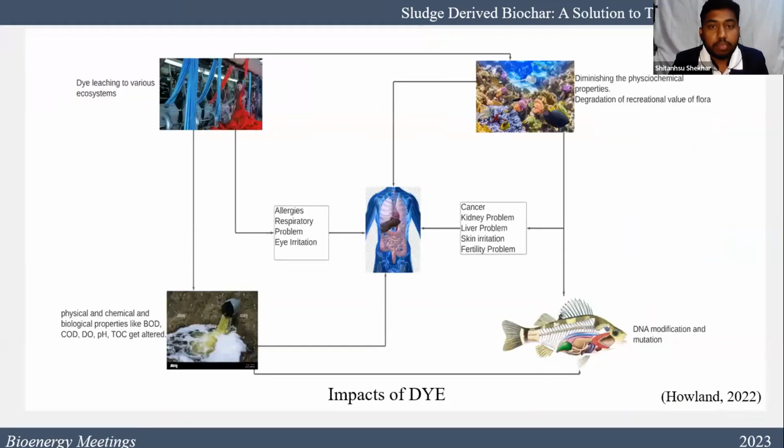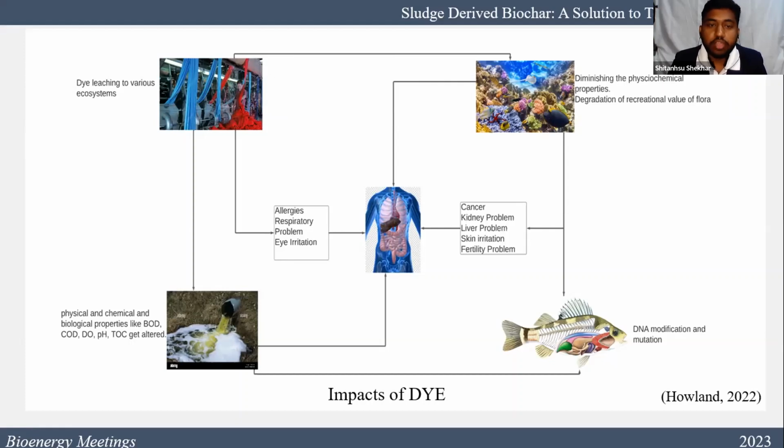And what are the impacts of dye? We can clearly see in this picture dye leaching to various ecosystems from the clothing and textile industries. If it is directly discharged to water bodies, then it alters the physicochemical properties and degrades the recreational value.